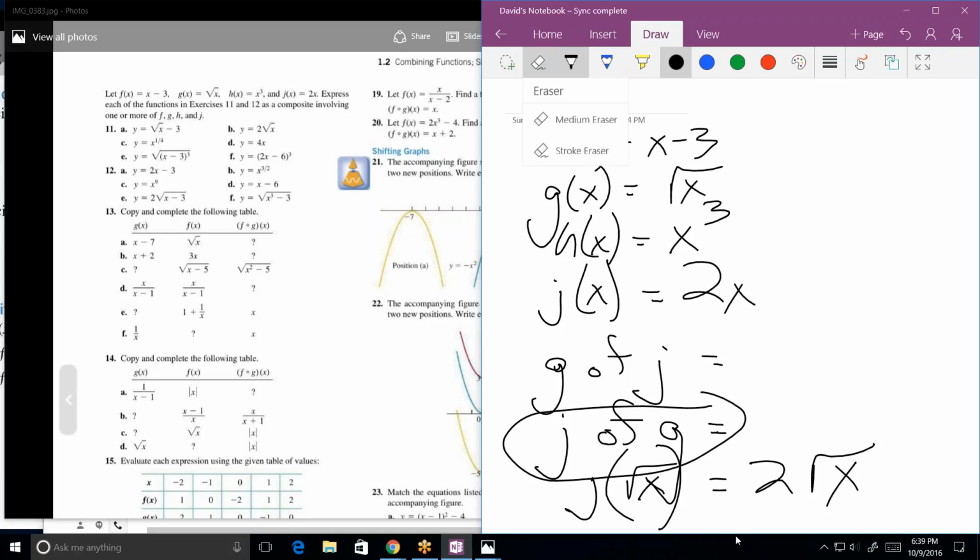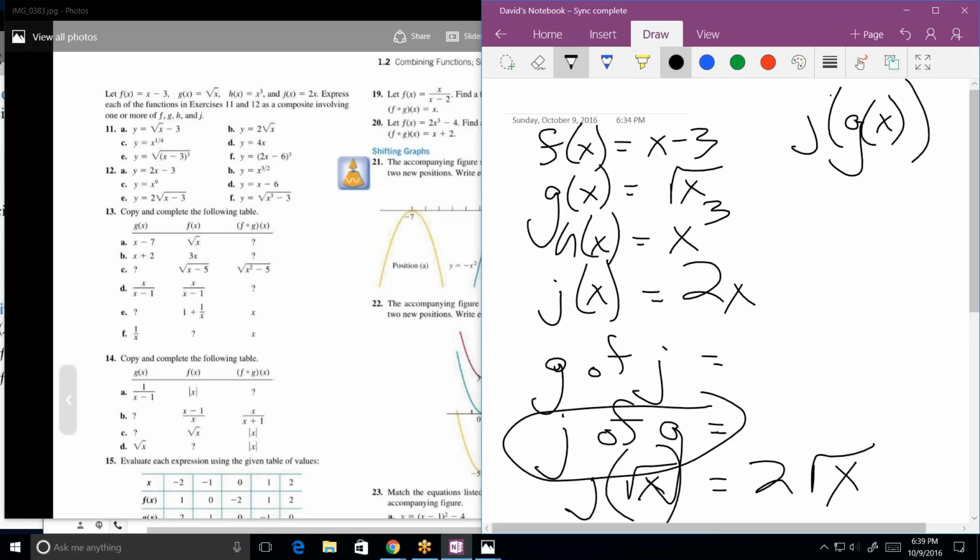I actually like how you put that in there, how you put j and then the parentheses, square root of x. I think that helps a lot. That's very, very helpful. Always do that. A lot of times they'll give it to you with a double set of parentheses like that.